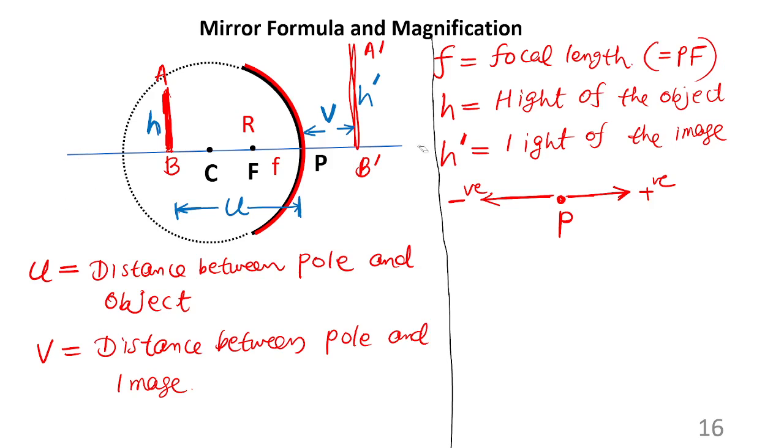So F will be negative, as per this diagram, because the focal length will be towards the left side, from the pole towards left. So the sign convention is clear. The horizontal distance, all of you clear?